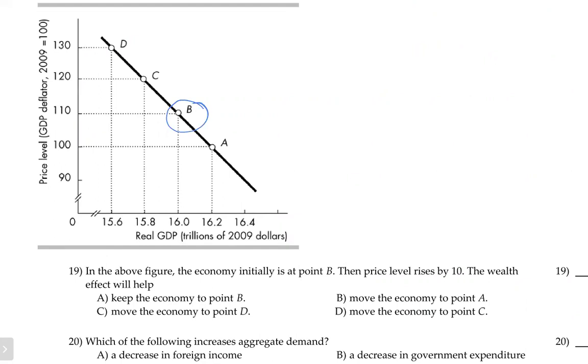So actually here, this is the aggregate demand curve, right? And now what happens? There is a price change, right? And this price change is effectively going to decrease the household purchasing power.